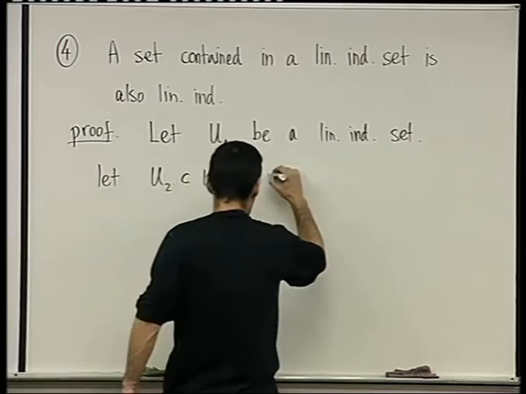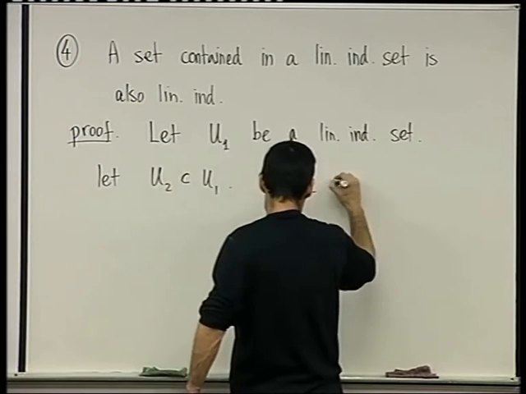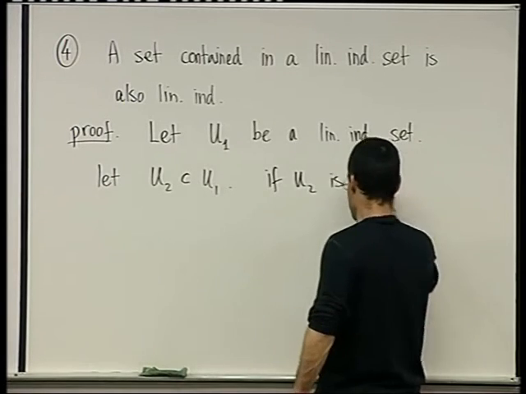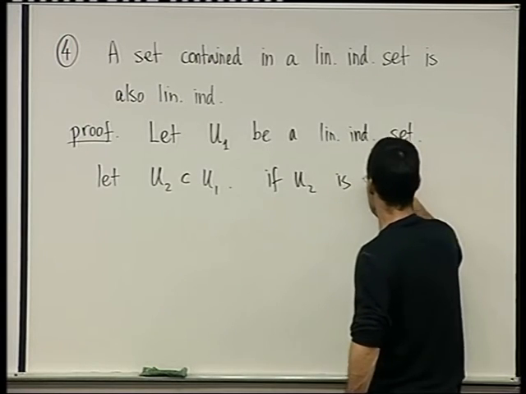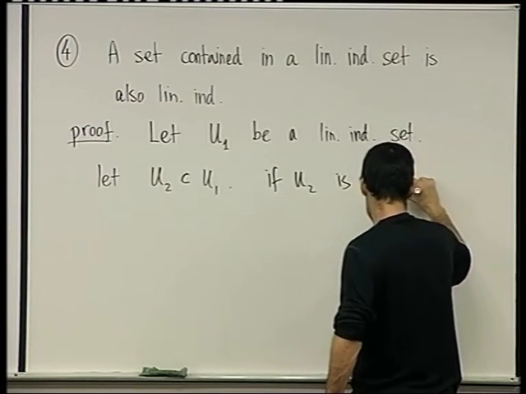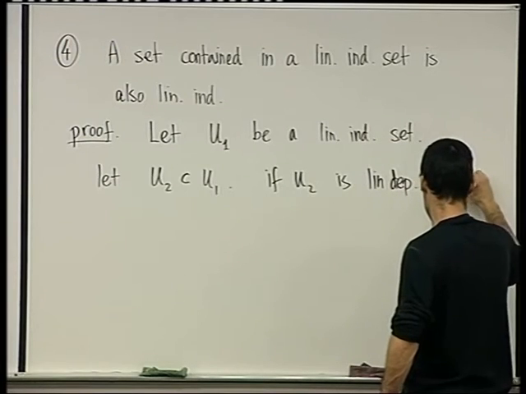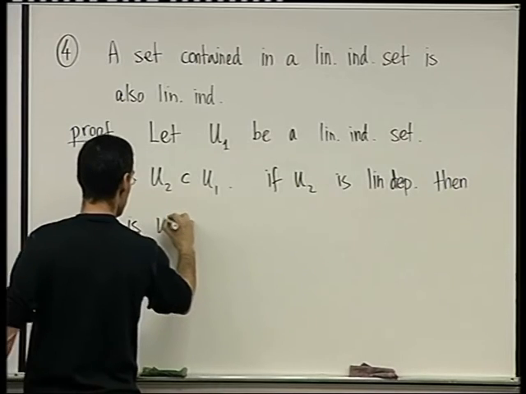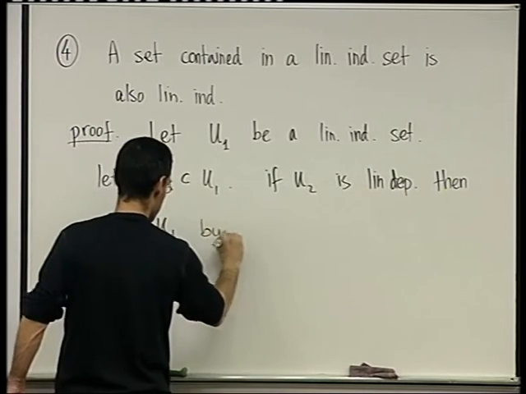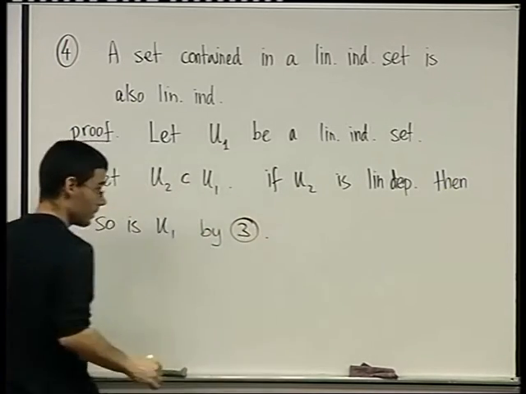So if U2 is linearly dependent, then so is U1 by theorem 3. This is a contradiction.